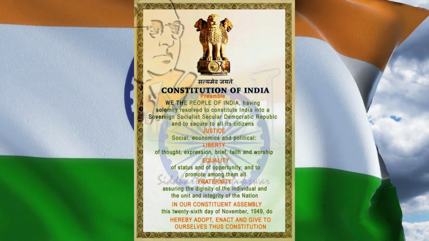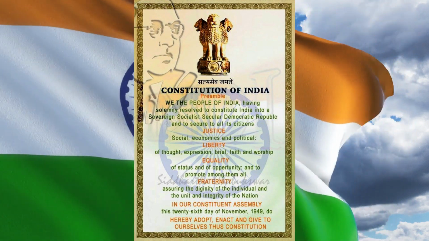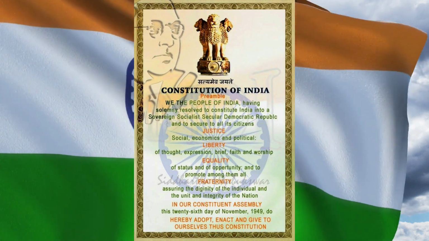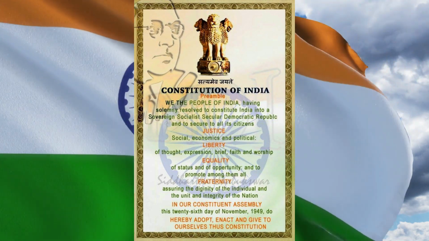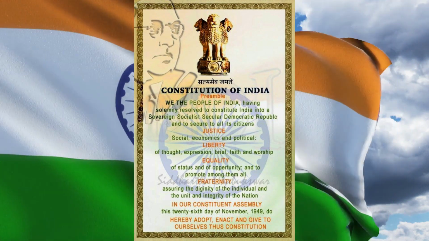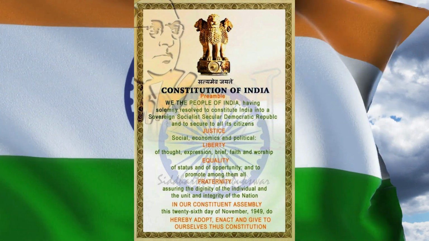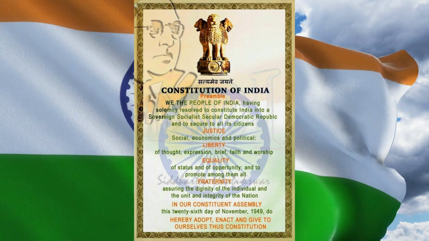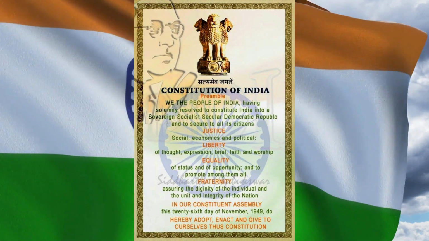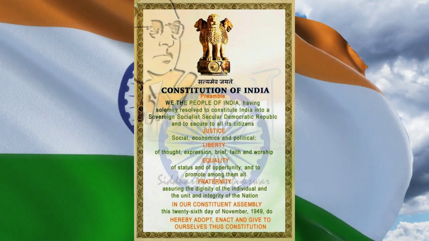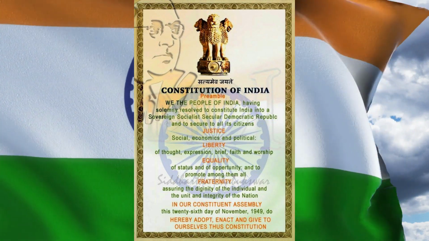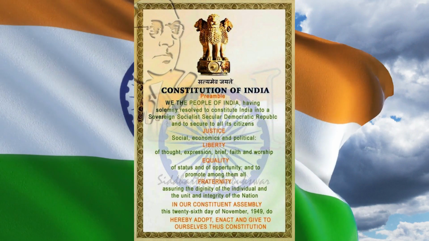Let me tell you about some such principles. Sovereignty. Sovereignty is the freedom to govern oneself within a territory and to be free from any external control. This means all Indians are free to govern themselves and to make laws. Socialism. Socialism means that everyone must enjoy social and economic equality.